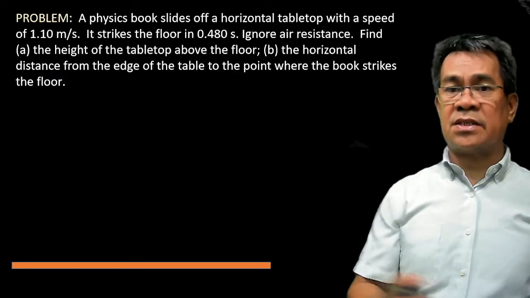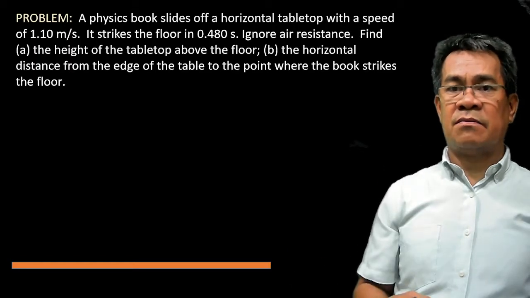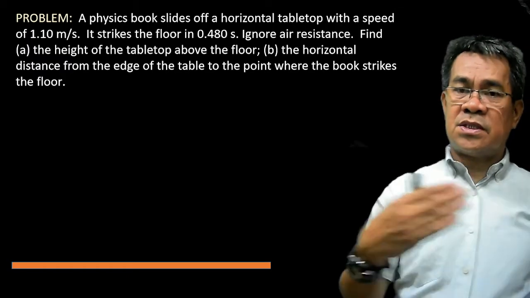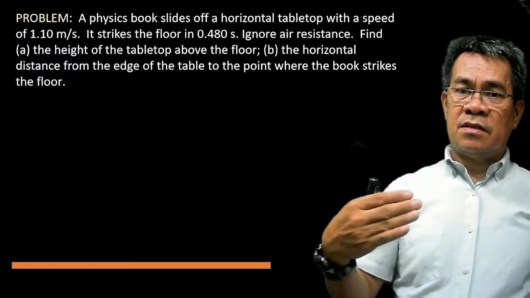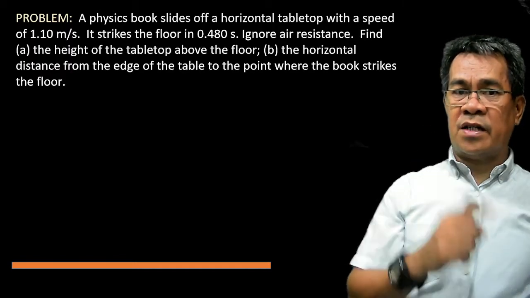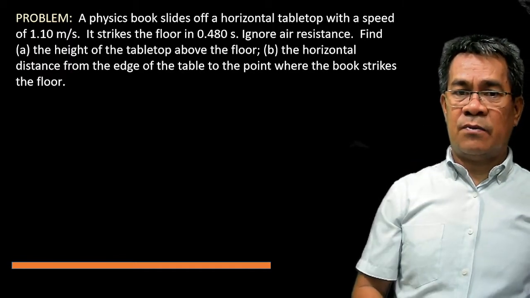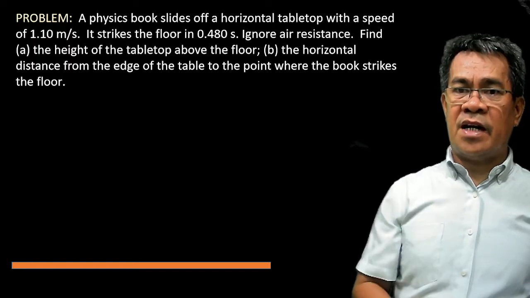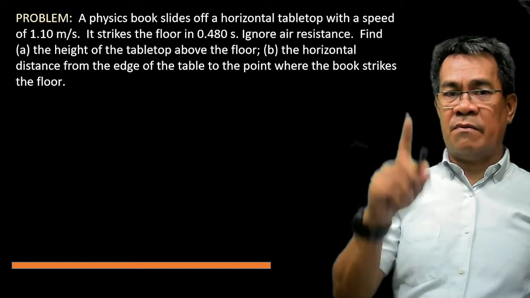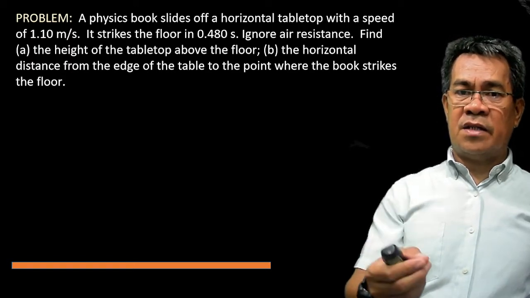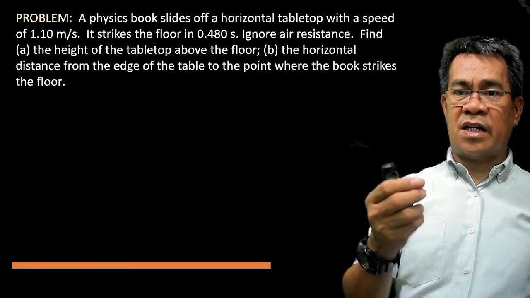It moves towards the ground and strikes the floor at a time of 0.48 seconds. If we ignore air resistance, letter A: find the height of the tabletop above the floor, and the horizontal distance from the edge of the table to the point where the book strikes the floor.